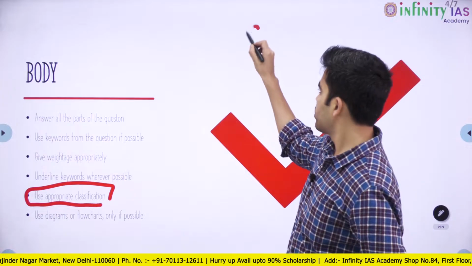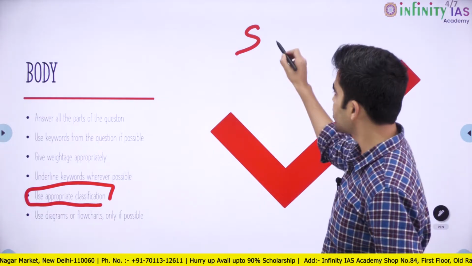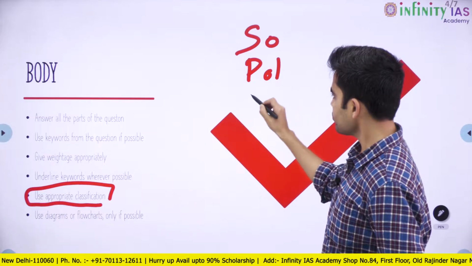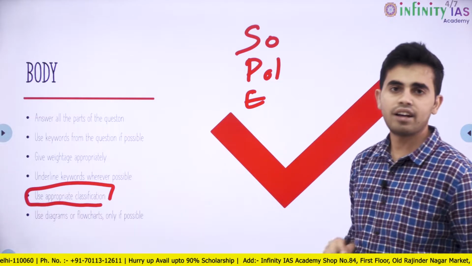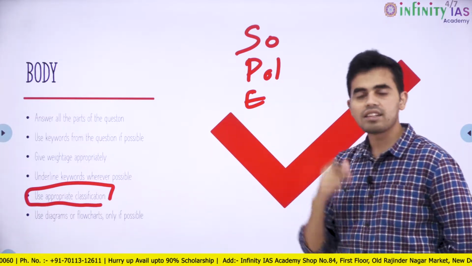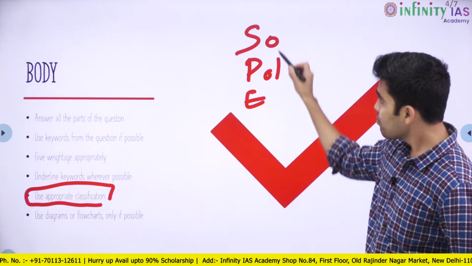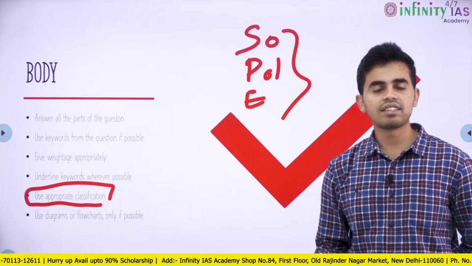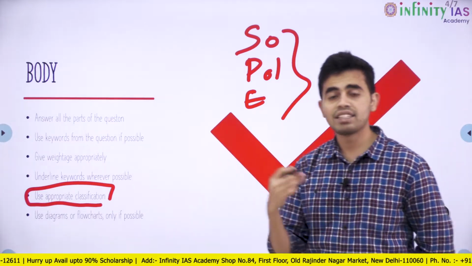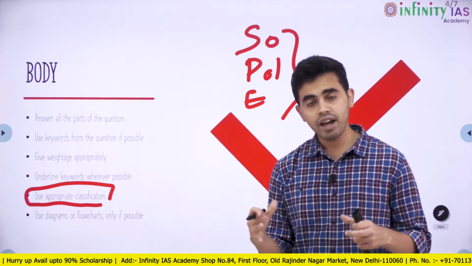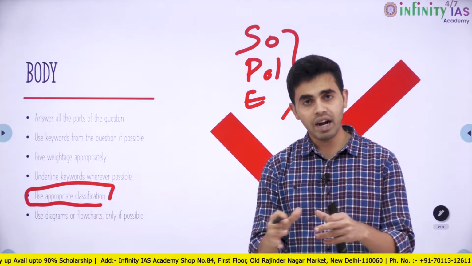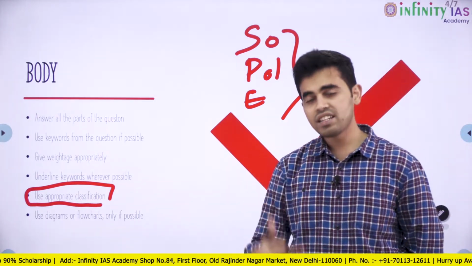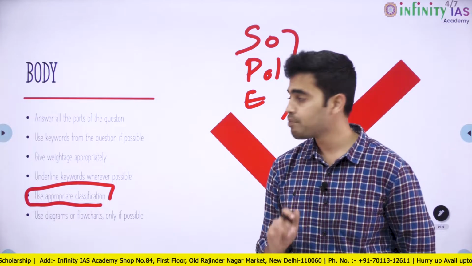Then comes using appropriate classification. We all know that classifying answers into social, political, economic, etc. will help us writing the answers easily. But at the same time, if we write these classifications in the answer itself, that will help the examiner understand that we have approached the answer in a multi-dimensional way and will increase the impression that the examiner has on the answer sheet.